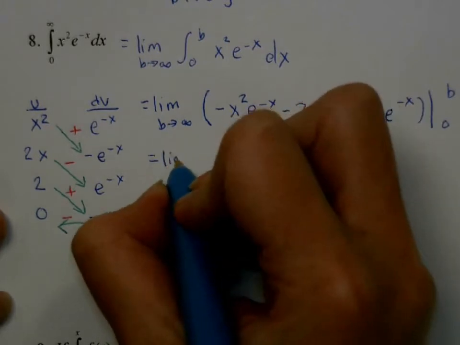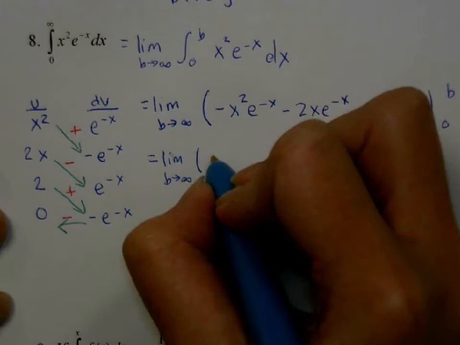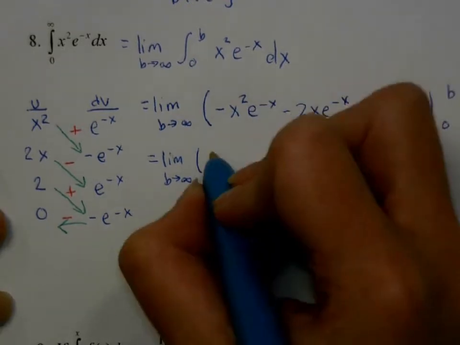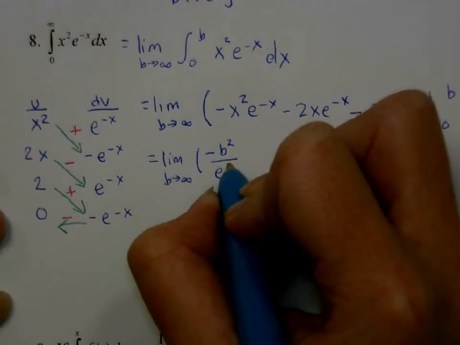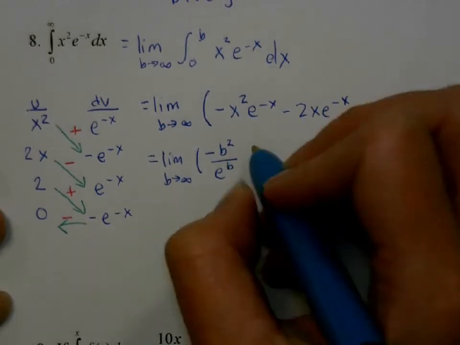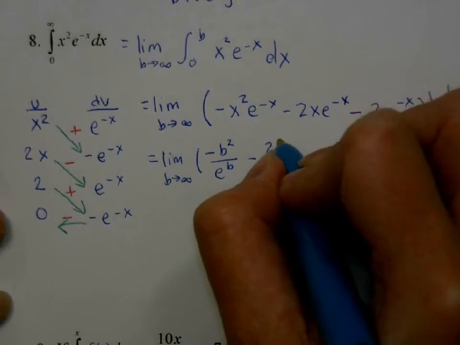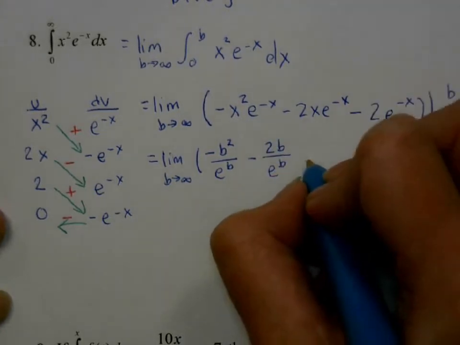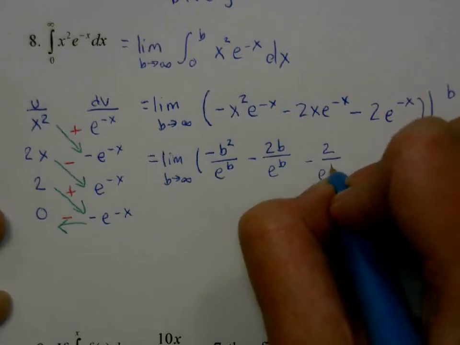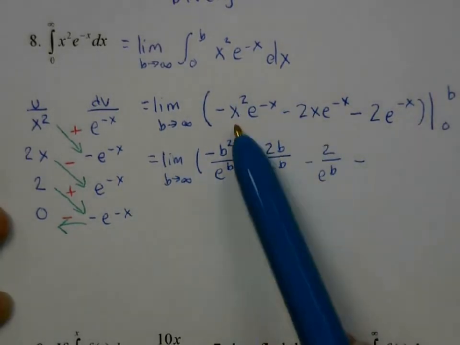So if I plug in b, we're going to have, and I'm going to put the e in the denominator, negative b squared over e to the b minus 2b over e to the b minus 2 over e to the b minus, if I plug in 0, this is going to go to 0, this is going to go to 0, this is going to be minus 2e to the 0.